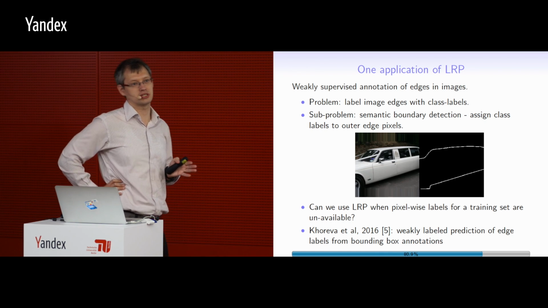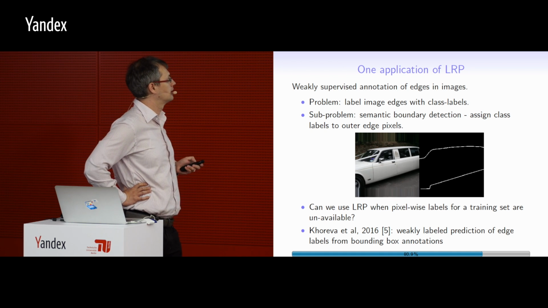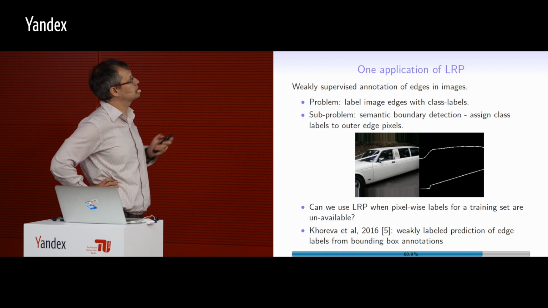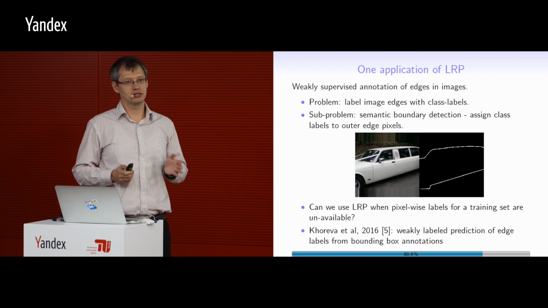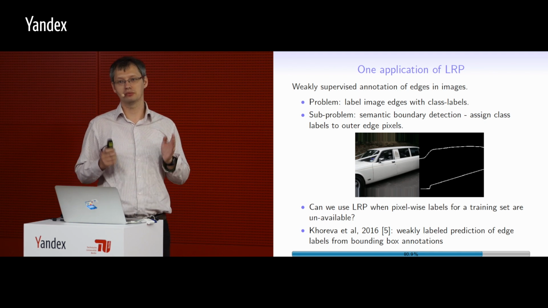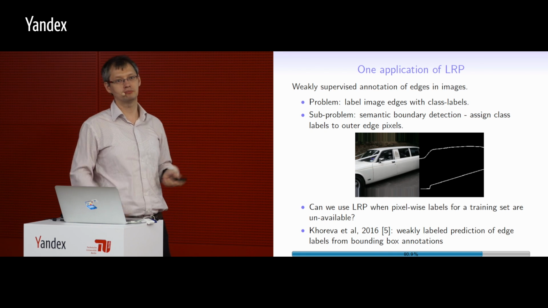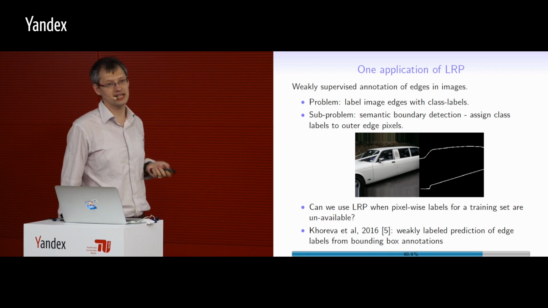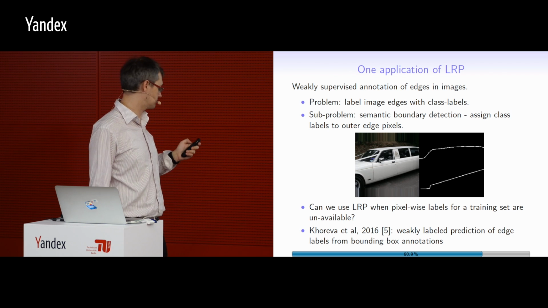The reason is just because there are not so many data sets with labeled edge pixels. And the reason why we tried LRP is that getting a per image label is cheap. Getting a bounding box label is cheap. Annotating pixel by pixel on an edge is super pesky. And actually there is only SBD, only one real data set on that because of the cost of such labels.